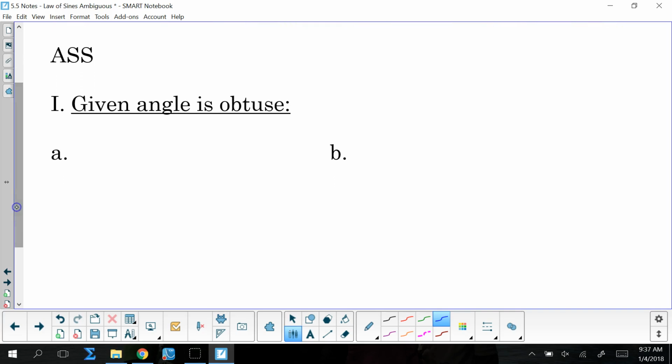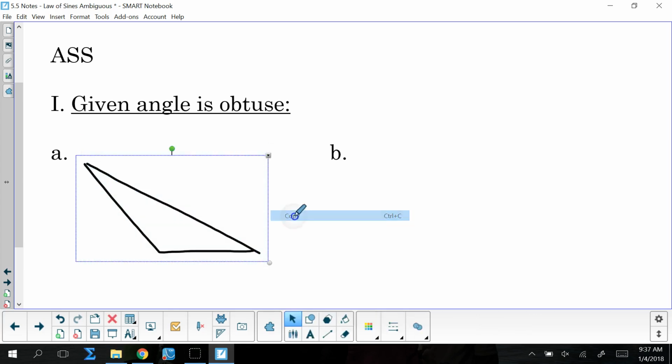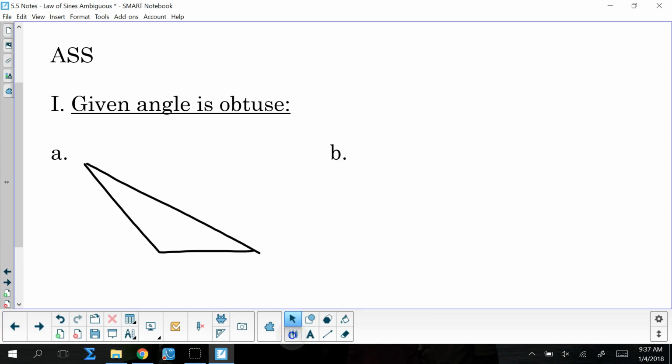So the first thing is if the given angle is obtuse. So if my given angle here and my side, there's my angle and side.